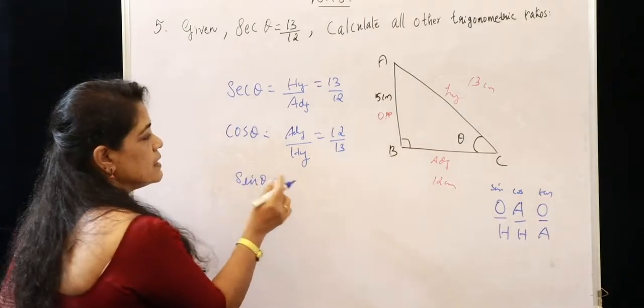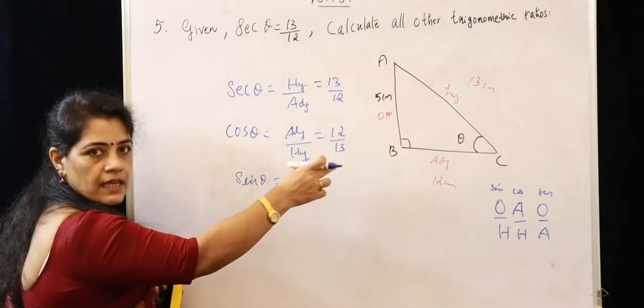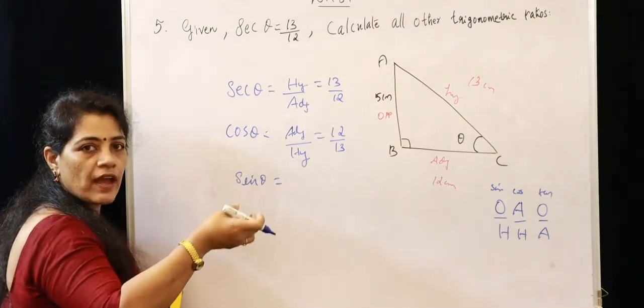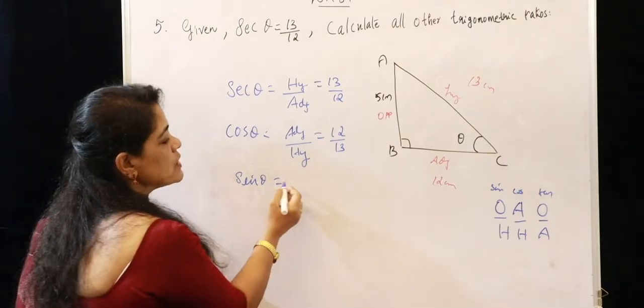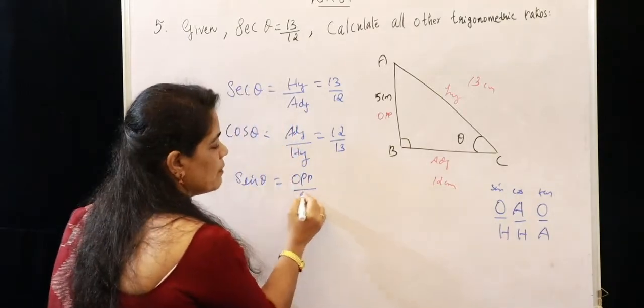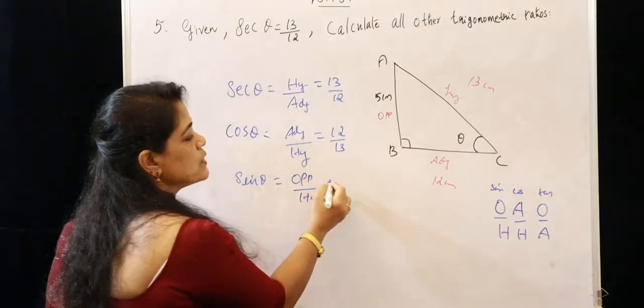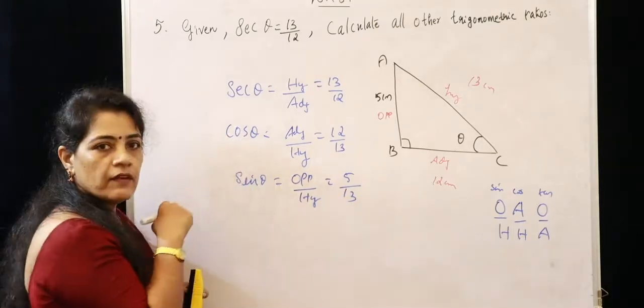Okay, and sin theta. So children, you have to write theta here. Don't write C, because we have taken the measure of angle C as theta. So sin theta is equal to opposite divided by hypotenuse. Opposite is 5 divided by 13. Cos we have already written.